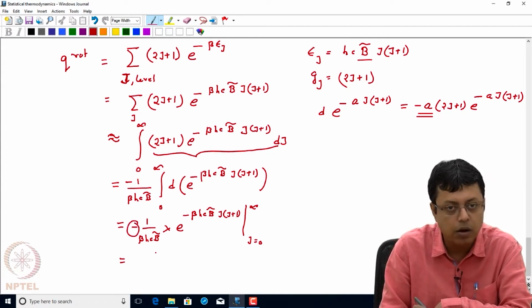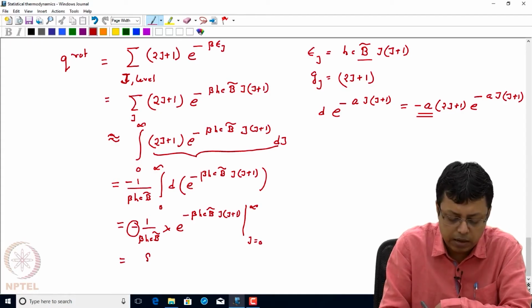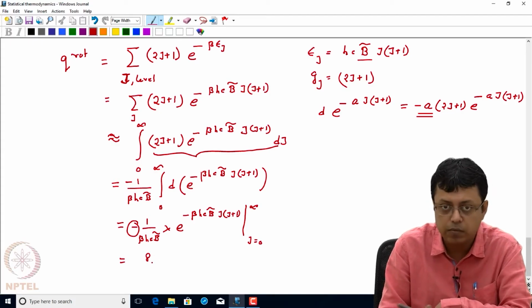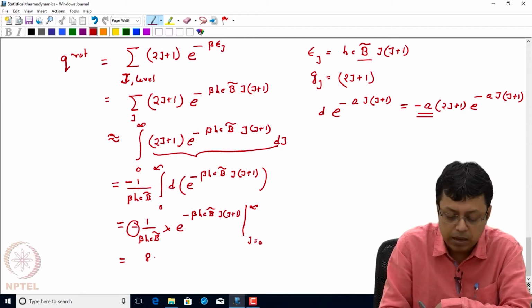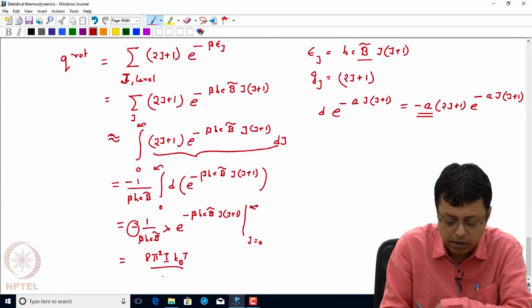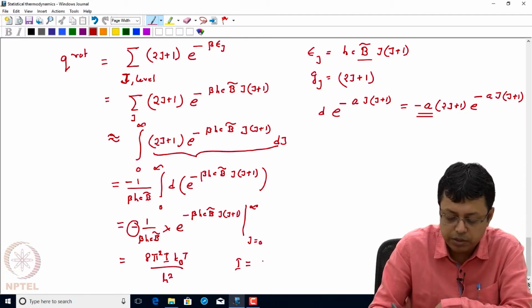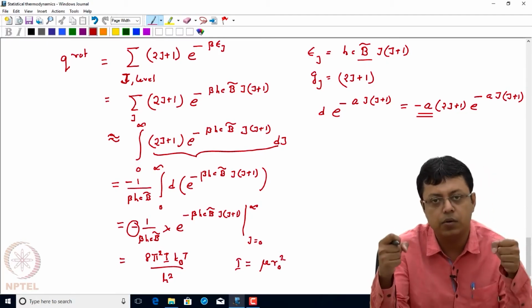So it will be 1 over beta hc B tilde, and we can write the value of beta. You can look up that beta is 1 over kBT, and with the B tilde value, I'm just writing here the final expression, 8 pi squared I kBT divided by h squared. Now I is the moment of inertia, which is mu r0 squared, where r0 is the equilibrium bond length.